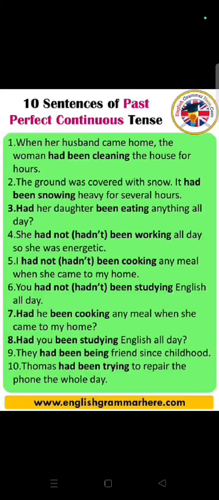I had not been cooking any meal when she came to my home. You had not been studying English all day. Had he been cooking any meal when she came to my home? Had you been studying English all day? They had been being friends since childhood. Thomas had been trying to repair the phone the whole day.